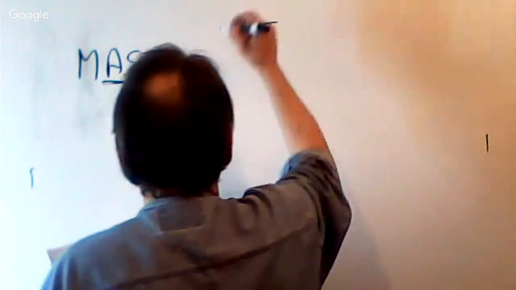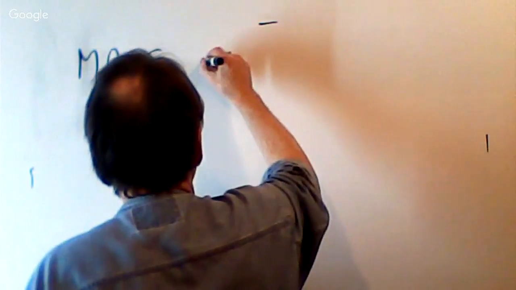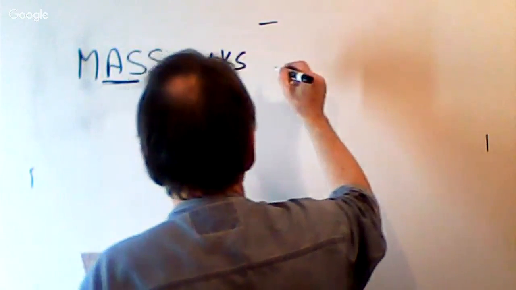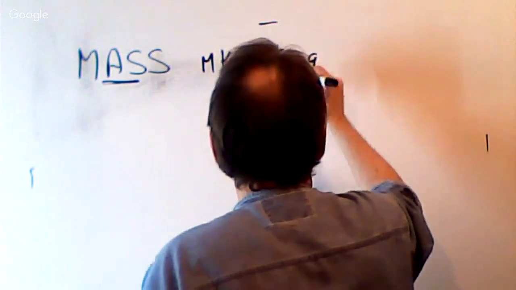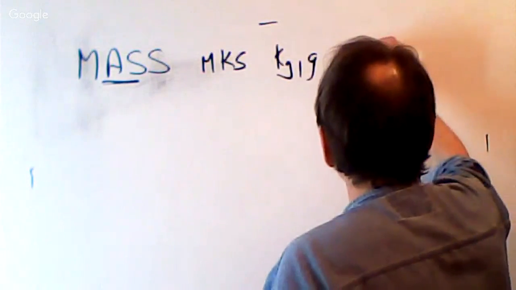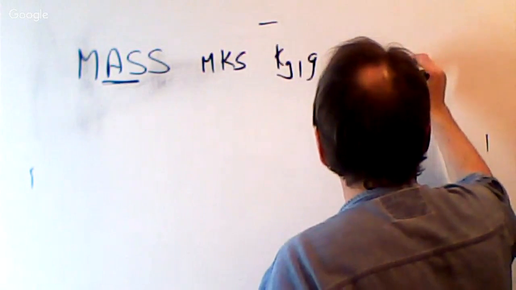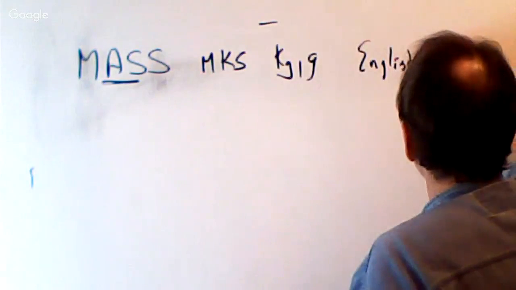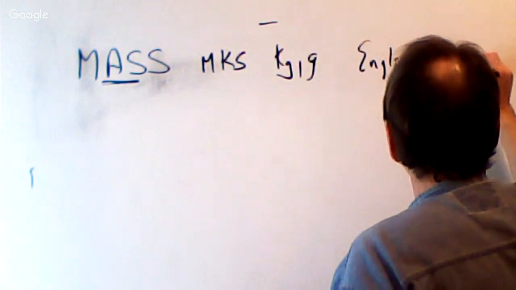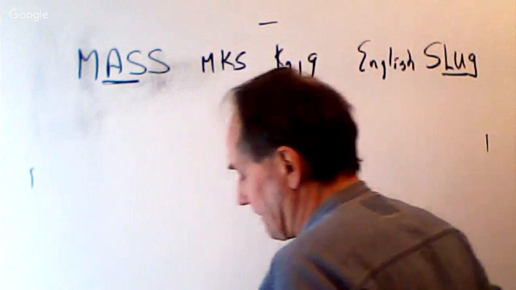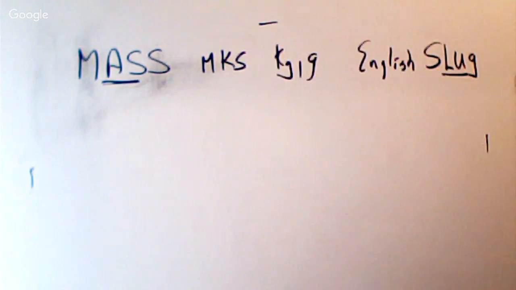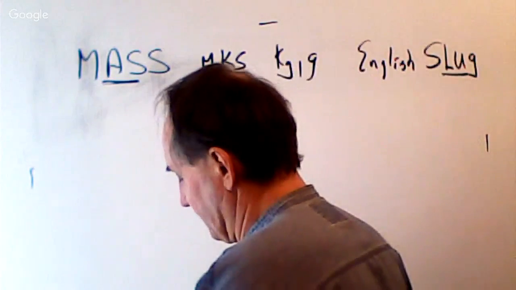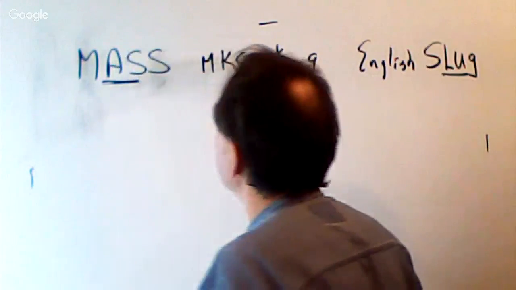The units in the MKS system, the meter, kilogram, second system, are the kilogram and the gram. In the English units, mass is measured in what are called slugs. It's not very often used. The unit of mass in the English system has fallen out of disfavor. People really don't use it much.